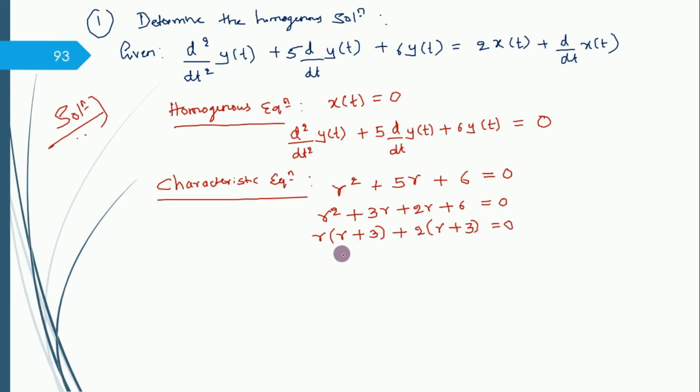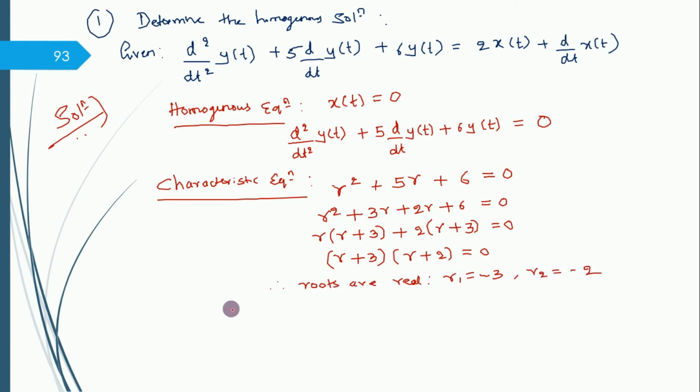You get r plus 3 into r plus 2 is equal to 0. So therefore the roots are real, where r plus 3 equal to 0 gives r equal to minus 3. I write it as r1 equal to minus 3, r2 is minus 2. So these are the roots, both are real.